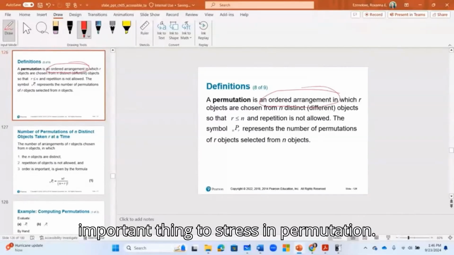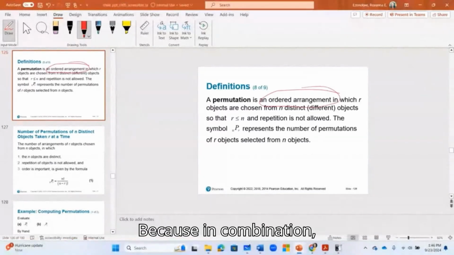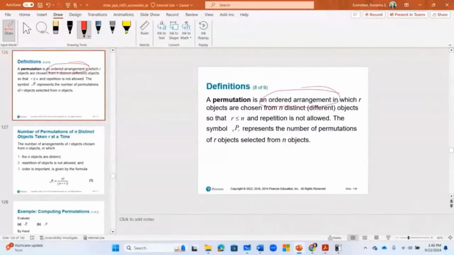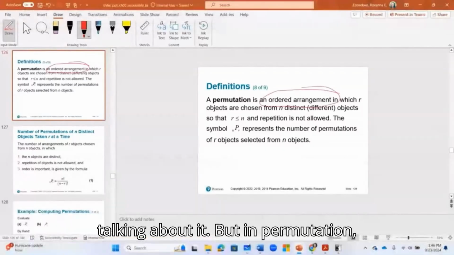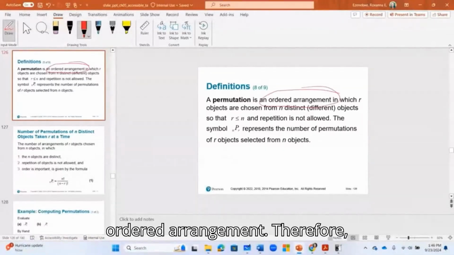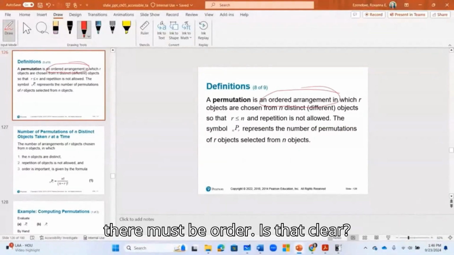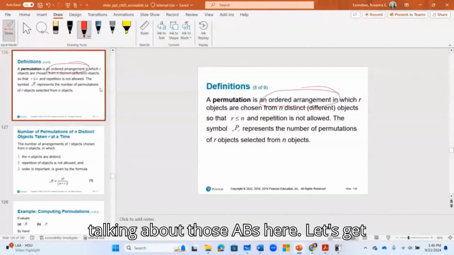This is the most important thing to stress in permutation. Because in combination, order was not important when we're talking about it. But in permutation, the definition says it is an ordered arrangement. Therefore, there must be order. Is that clear?